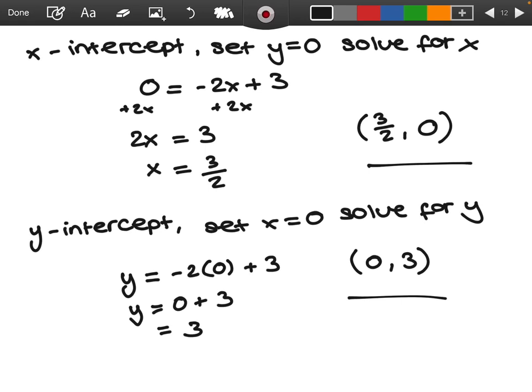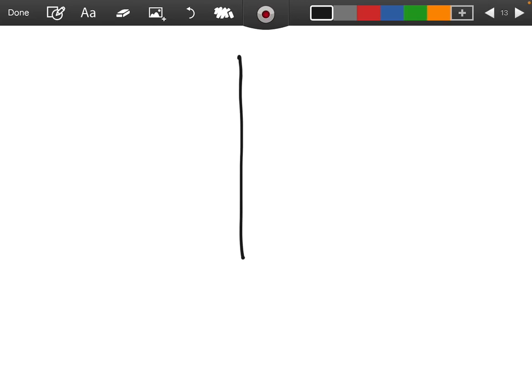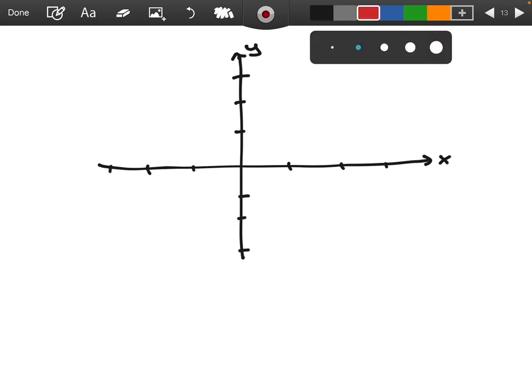Now I want to sketch the graph. So to sketch the graph, I'm going to plot out my intercepts, and then I can join them up and extend the line. So if I do that, we'll sketch a quick x and y axis. Okay, and I'll plot out some units on here. Then I know it goes through 3 over 2, 0. So that would be 1.5, which is 3 over 2.